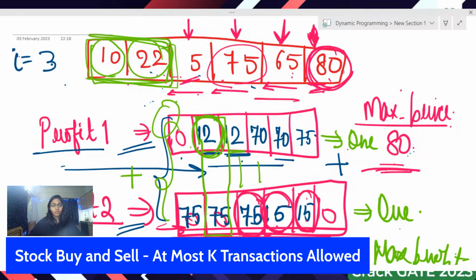So basically what you were doing was considering that you are selling your stock here, and then considering at which point you should buy it so that the profit can be maximum, right? That's what we were doing when we were traversing the array for the profit to table. Is this concept clear for how we filled this profit to table? Is this point clear?